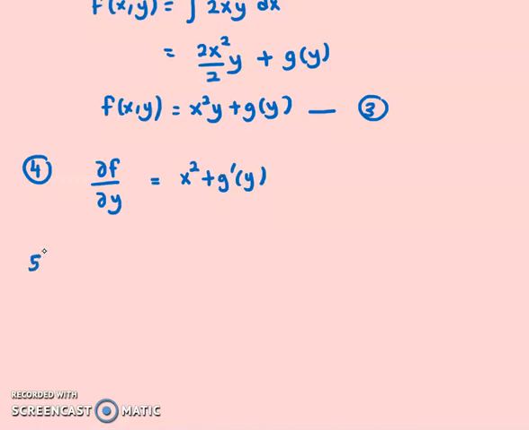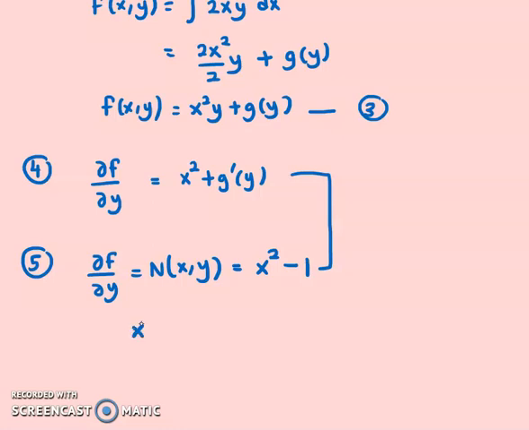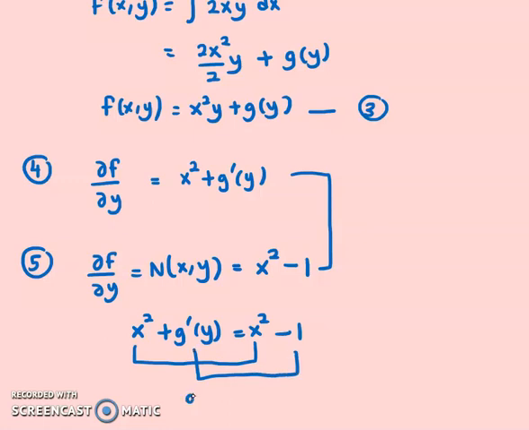Now we know from equation 2 that it equals N of x,y, which is x squared minus 1. Now equate these two: x squared plus g prime of y equals x squared minus 1. This gives me g prime of y equals negative 1.